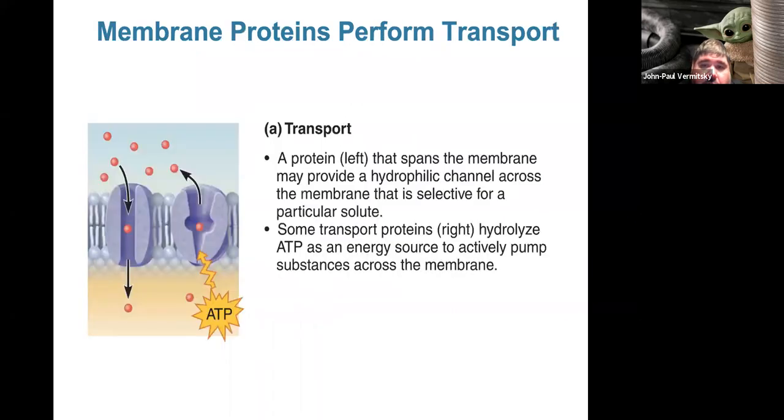Membrane proteins can perform transport: a protein that spans the membrane may provide a hydrophilic channel across that membrane that is selective for a particular solute, meaning these are very specific for what they allow to transport through. Some transport proteins hydrolyze ATP as an energy source to actively pump substances across the membrane.